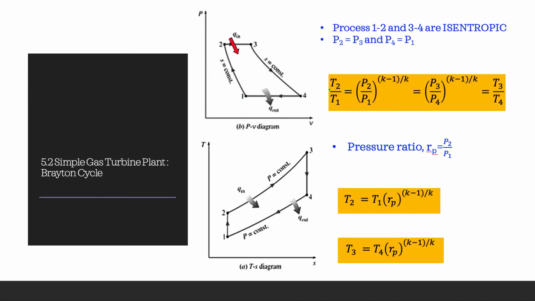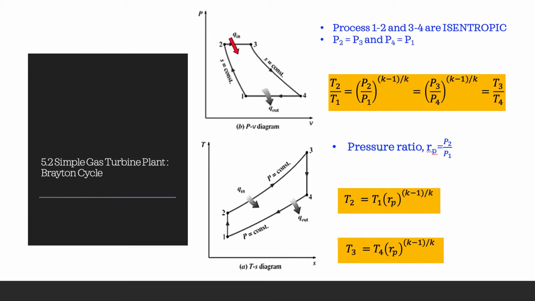And from formula hijau, we get T2 over T1 is equal to P2 over P1 to the power of K minus 1 over K, and this is equal to T3 over T4 is equal to P3 over P4 to the power of K minus 1 over K.